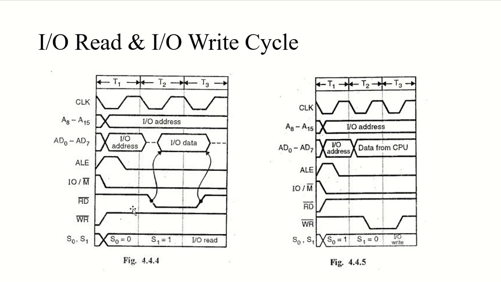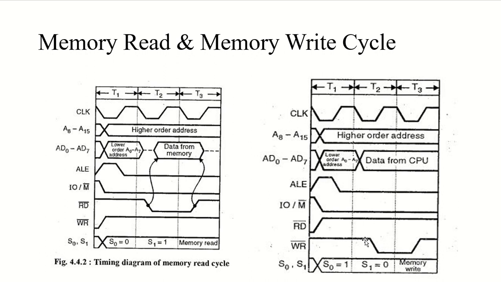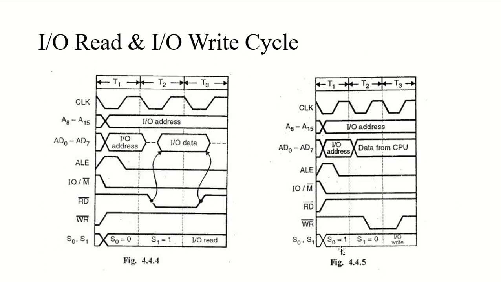If it is an IO write, then the write will be activated, going low, and S0 and S1 will be the same as memory write. See, S0 is 1, S1 is 0. It's remaining the same as memory write. The only thing is that the IO address will be activated on the address bus and data buses.